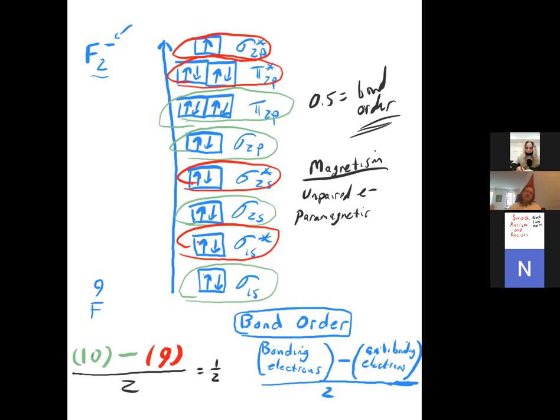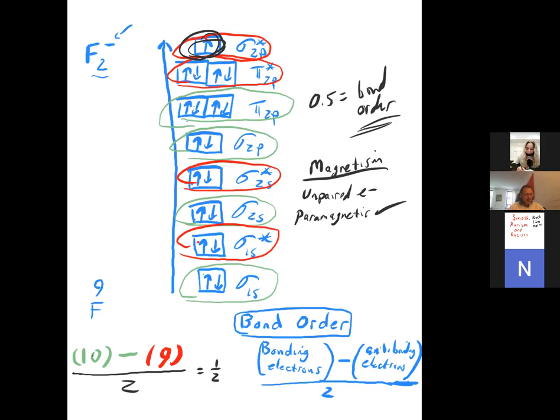In fact, liquid oxygen does that. Gases can't do it because they're moving around too fast and they're not condensed. But liquids and solids can show this phenomenon. They can be attracted to a magnet if they have unpaired electrons. So this particular ion has an unpaired electron right there. That's unpaired, so this thing is paramagnetic. If you have 1 or 2 or 3 unpaired electrons, it's paramagnetic.